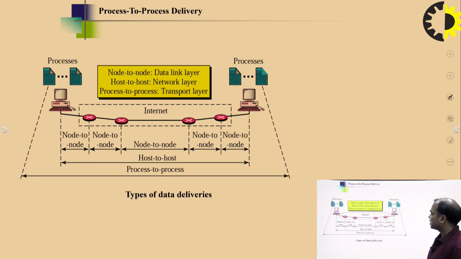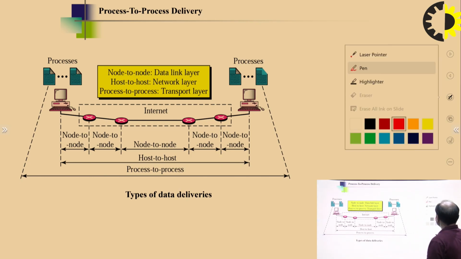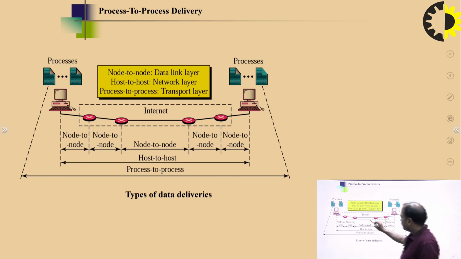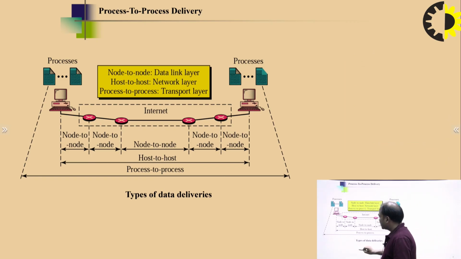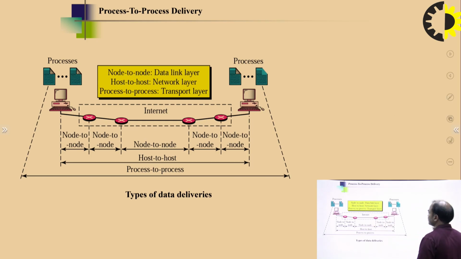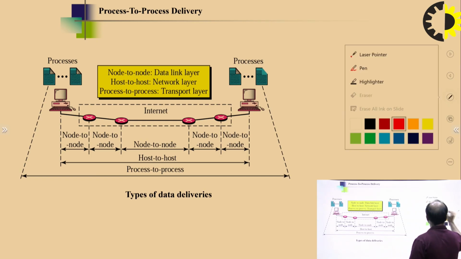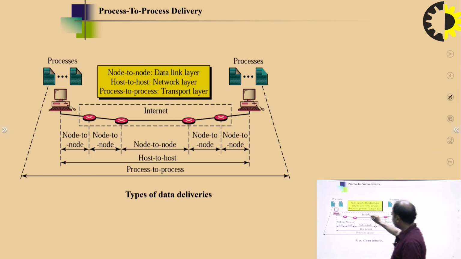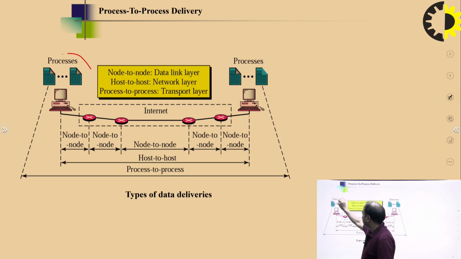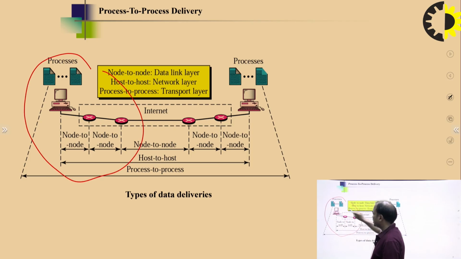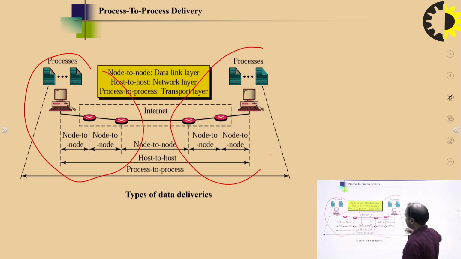So let's start with how process to process delivery of data takes place. First, you can see that we have different networks in the internet. This is one network in the internet, and this is another network in the internet.